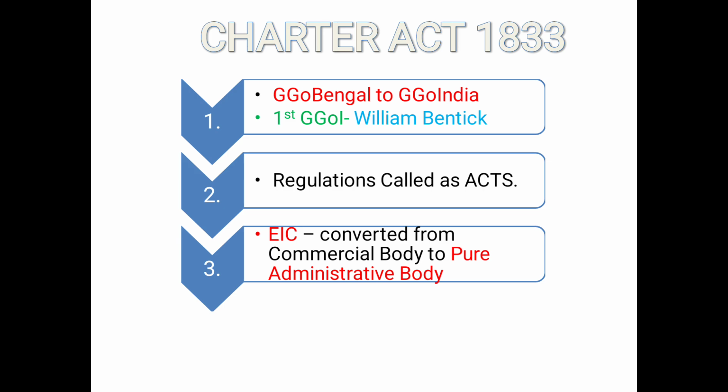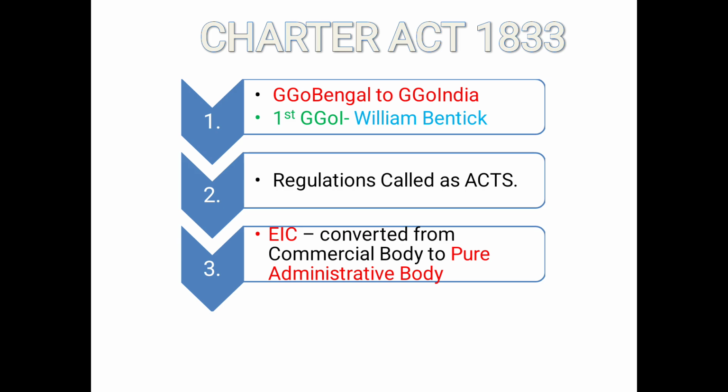For the very first time, the regulations, the laws made under this law, are called Acts, not regulations. It deprived the Governors of Bengal, Bombay and Madras of their legislative powers. The Governor General of India was given exclusive legislative powers for the entire British India.